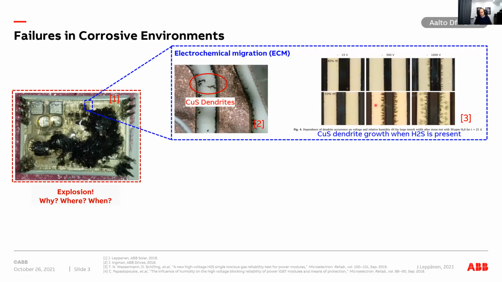So just to remind you, these components are typically used at 500 or 1000 volts or even more. So we are typically somewhere in this region, and also the humidity levels can be really high.